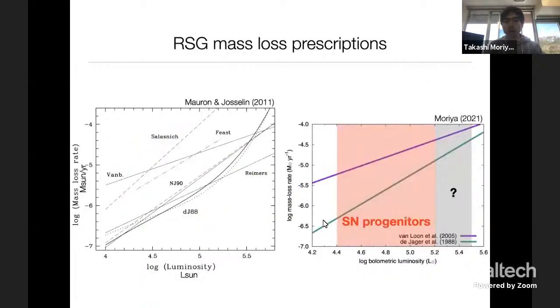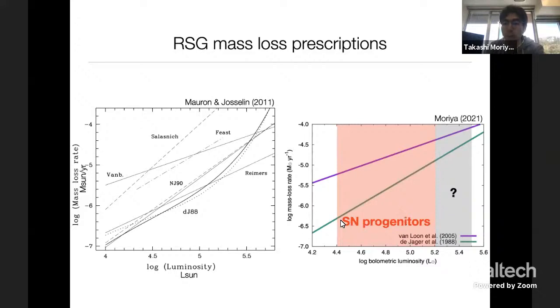This is basically because of the wider range of mass loss rates covered by the de Jager type mass loss prescription. If we see this luminosity range, the de Jager type mass loss prescription ranges from about minus 6.5 to minus 5-ish. So the dependence on luminosity is relatively large, covering a wider mass loss rate range in the supernova luminosity range.